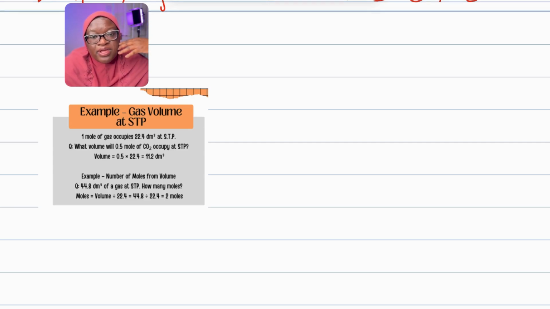Another parameter that we can deduce from our understanding of mole and mole concept in chemistry is the volume of a given gas at STP. This is an important distinction. This only applies when the gas is at STP, that is standard temperature and pressure.